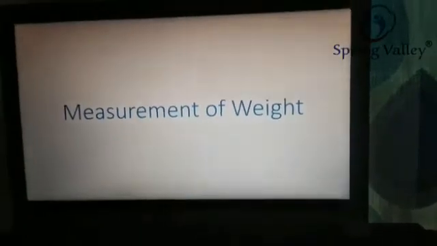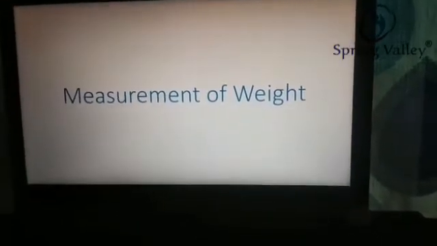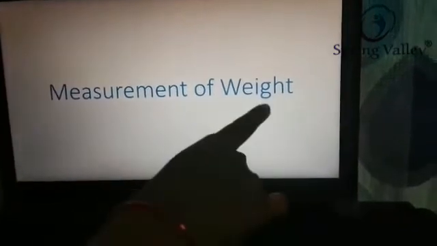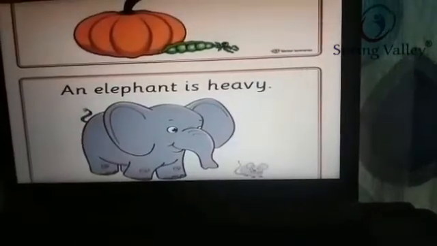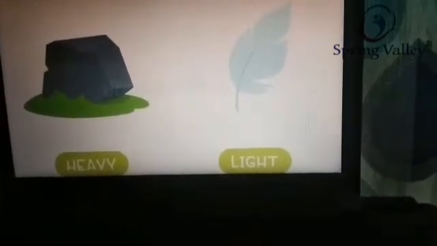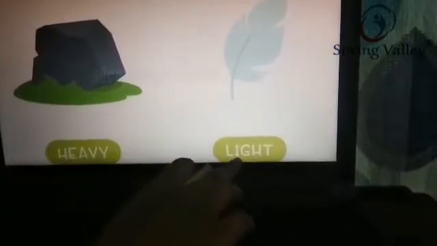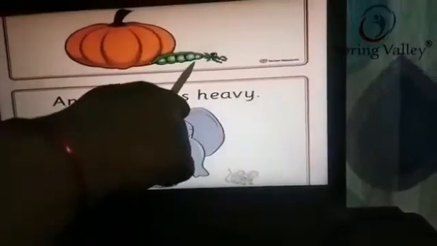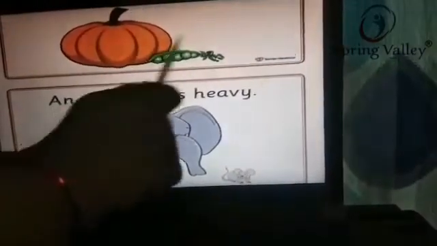Okay, children. Now we are going to learn measurement of weight. Here we compare two things. The stone is heavy, the feather is light. Heavy, light. And the pumpkin is heavy, the peas are light. Heavy, light.